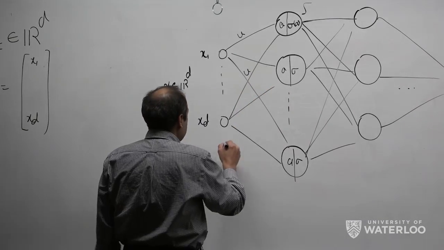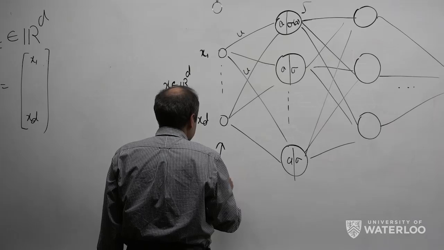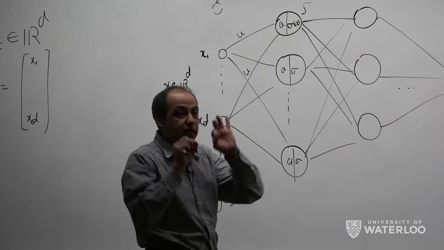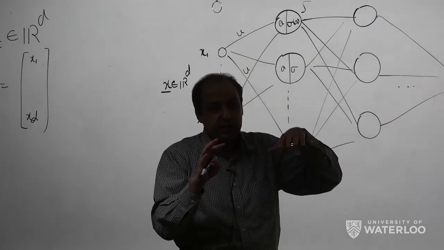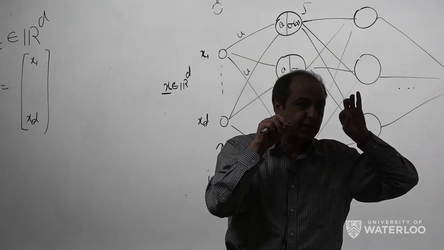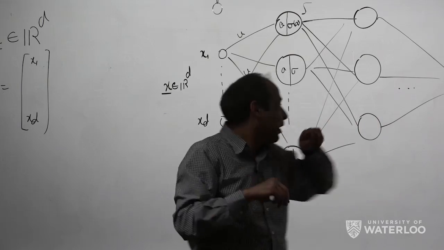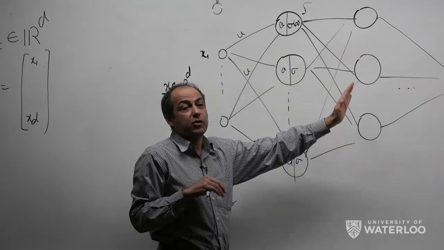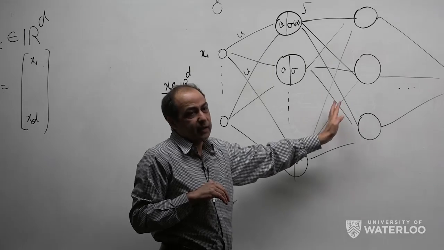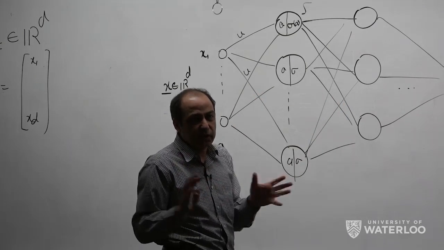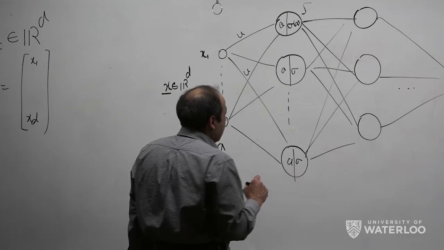Okay? This is called input layer. Here you have D nodes that don't do anything except feeding the values of this vector to the network, right? From now on, it's up to you. How many nodes do you have? You're going to select. There is no restriction or rule about it.